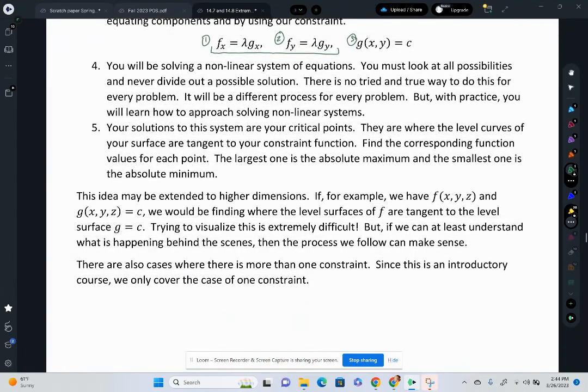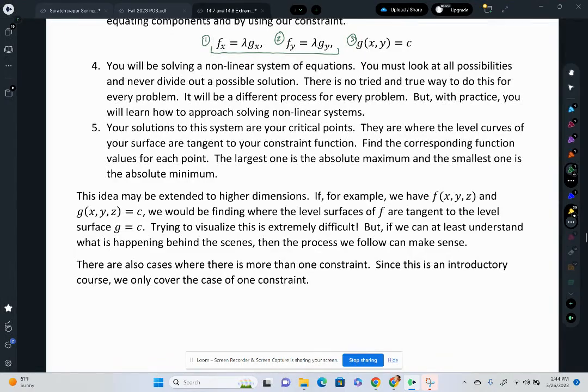Now, of course, this idea can be extended to higher dimensions. We will work with situations where we're looking at f of x, y, z. Then we'll have 3 equations from the gradient, and then we'll have the constraint function, so it'll be a 4 equation nonlinear system.